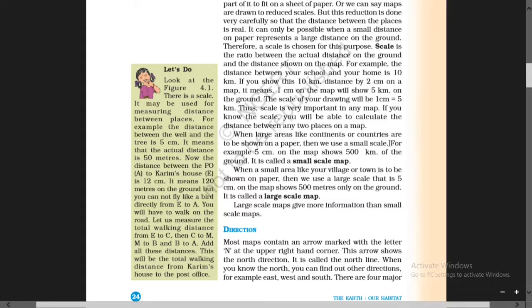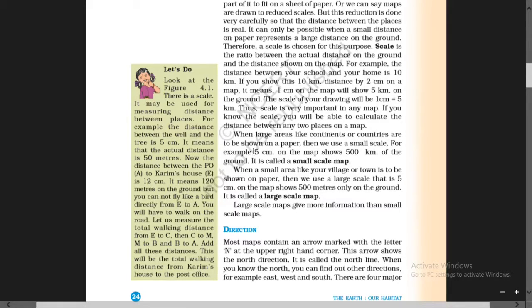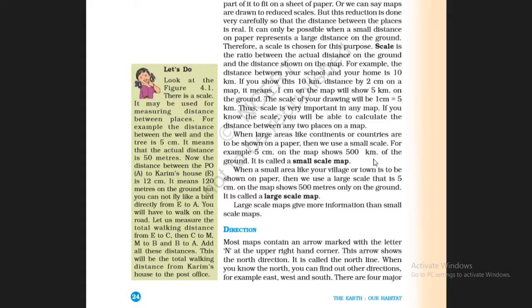For example, 5 centimeters on the map shows 500 kilometers on the ground. It is called a small scale map.